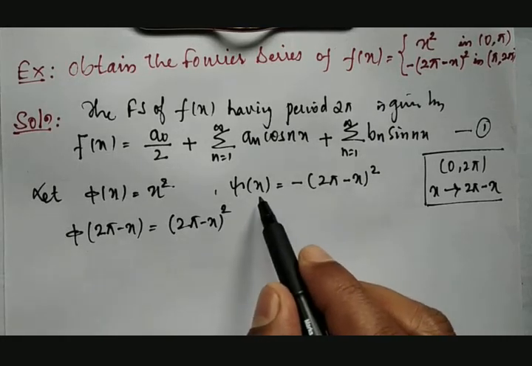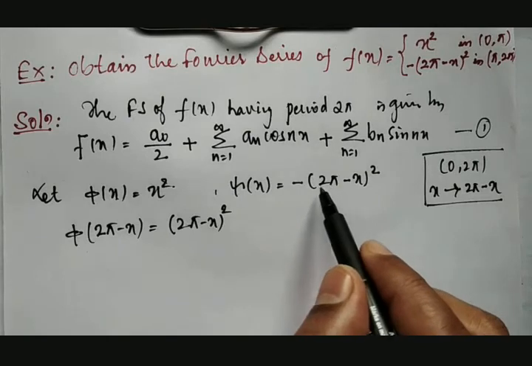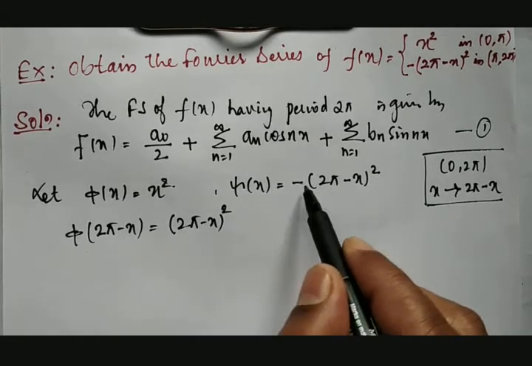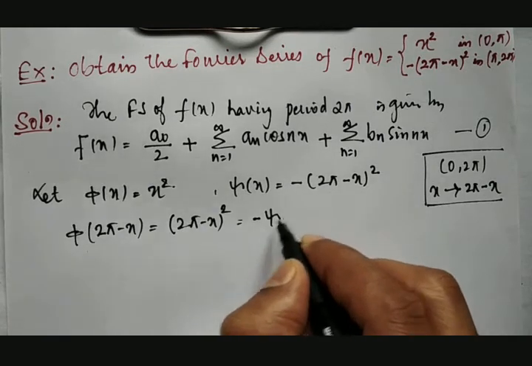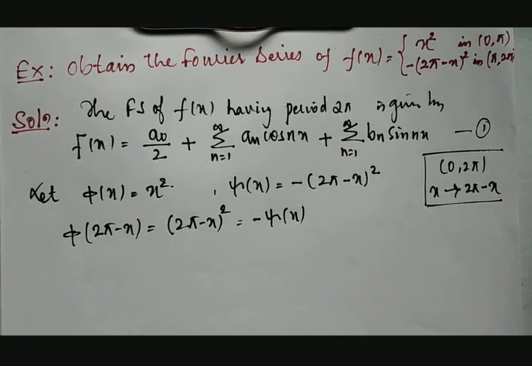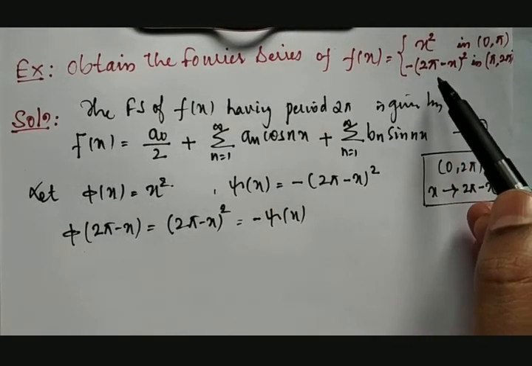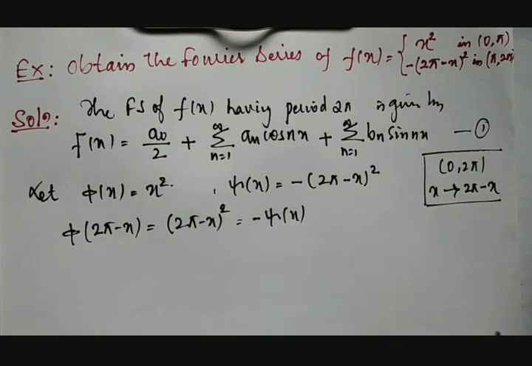But if we check it with psi of x, here we can see we have the same function but with opposite sign. Therefore, I can say this is nothing but minus psi of x. Since we know the condition that if the first function remains the same as the second function with opposite sign, then the function is odd.